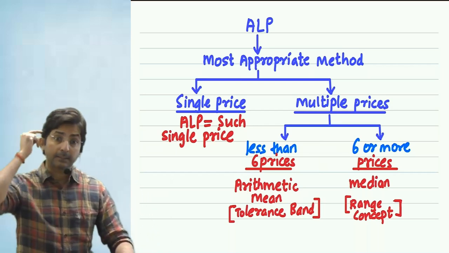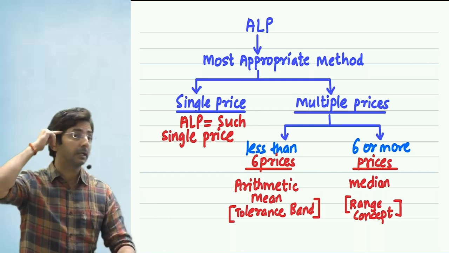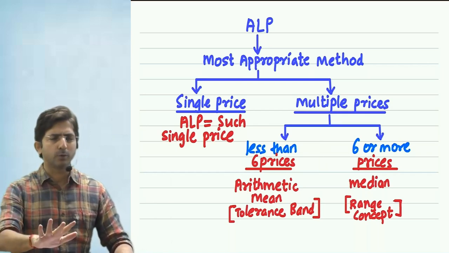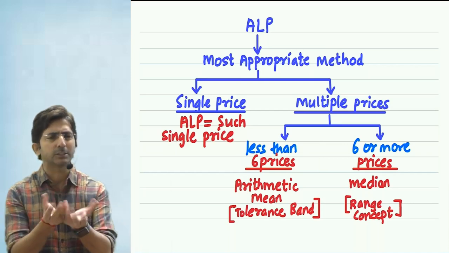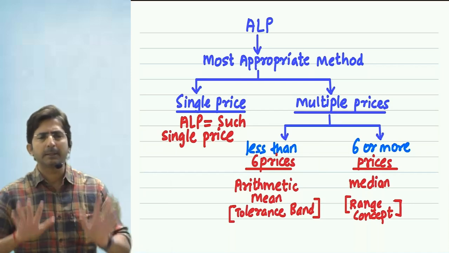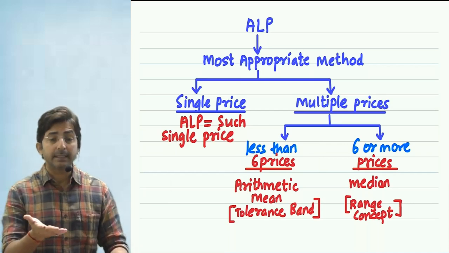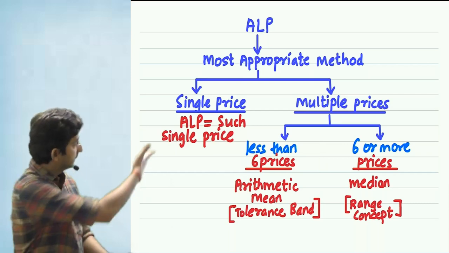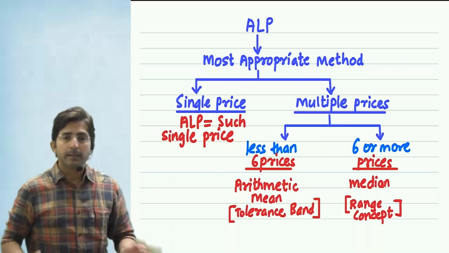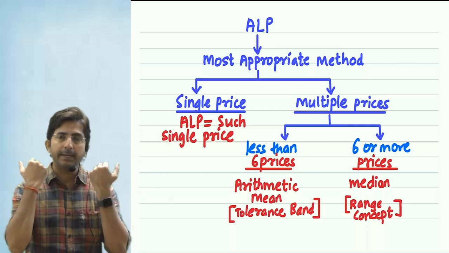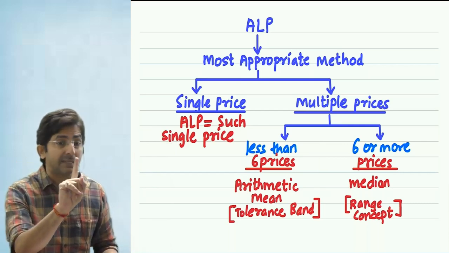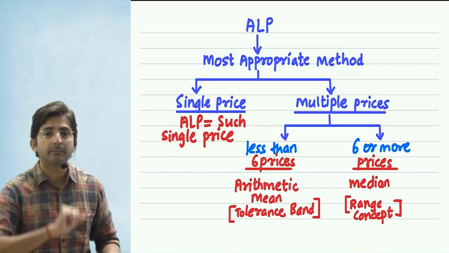In real life it's a task to decide which method to select. But for a student, the method will be evident in the question paper. So select the method and then see whether you are getting a single price or multiple. If single price, then that's the main ALP. And in the single price scenario, there is no tolerance band.